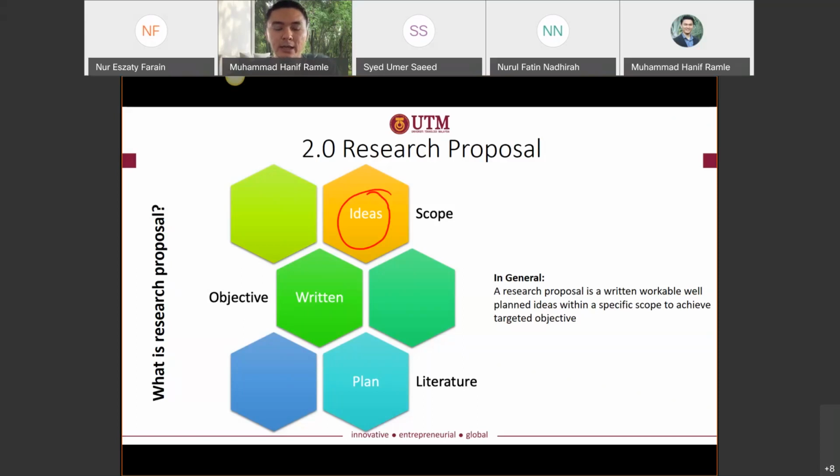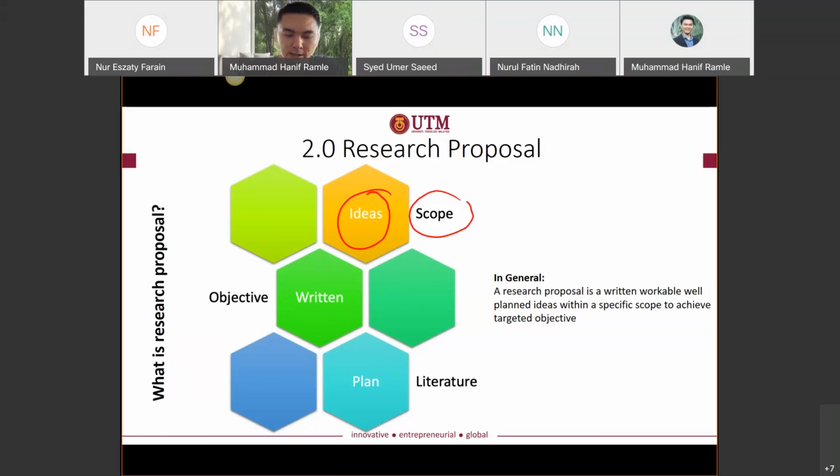So this is the idea, and then from the idea, you have to determine the scope: what kind of material you want to do, what kind of equipment you want to use for the analysis, what kind of subject you will get from the research.